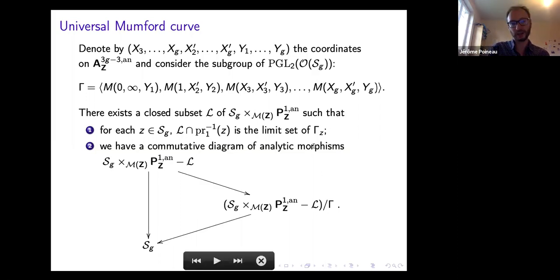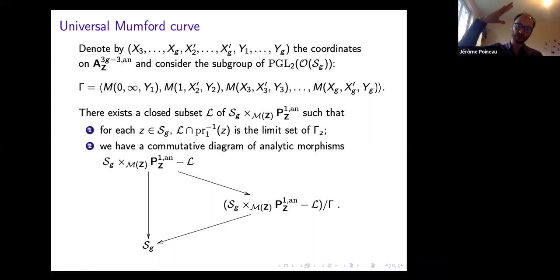And the nice thing is that the three arrows in my diagram downstairs are actually analytic arrows. They are analytic morphisms in the category of Berkovich analytic spaces over Z. So you have all your family of Mumford curves, Schottky uniformized curves, and a global uniformization that is a global analytic map in this setting.